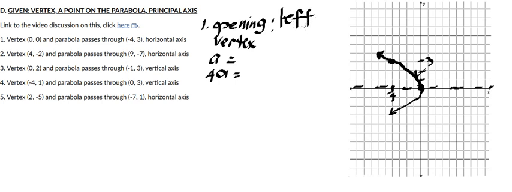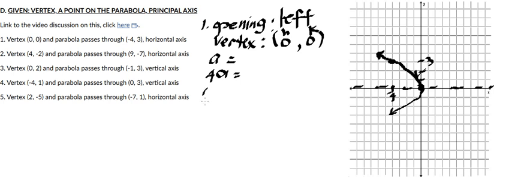After identifying the opening of the parabola, we cannot yet find our A nor 4A there. But one thing is for sure, we are given a vertex at 0, 0, with our h and k as 0. So from there, we can start by writing the format of our standard equation, which is to the left.